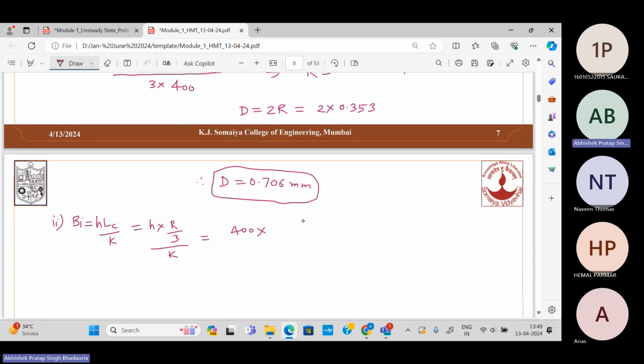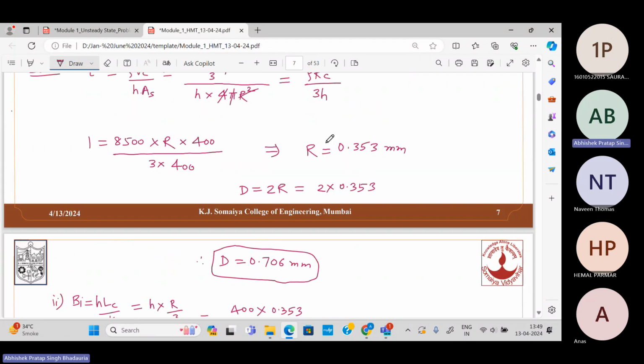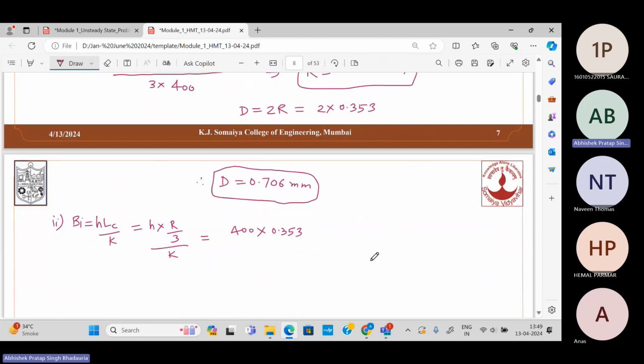The radius we have already calculated is 0.353 mm, so we convert it from mm to meters by multiplying by 10 to the power minus 3, divided by 3 into the thermal conductivity, which is 20.